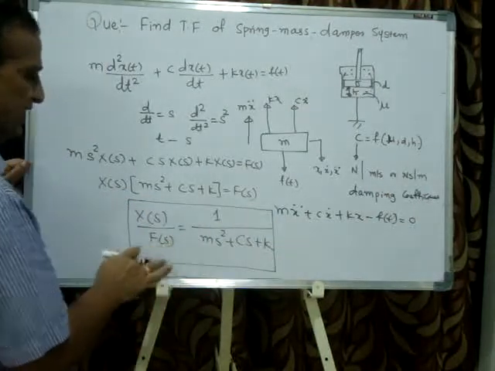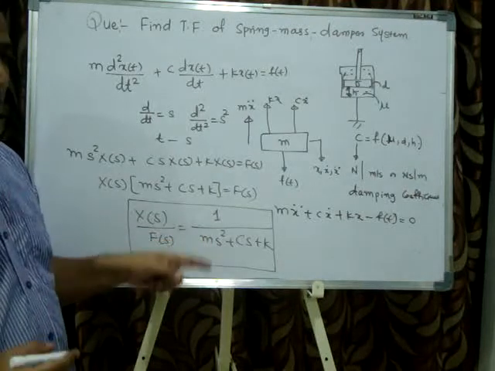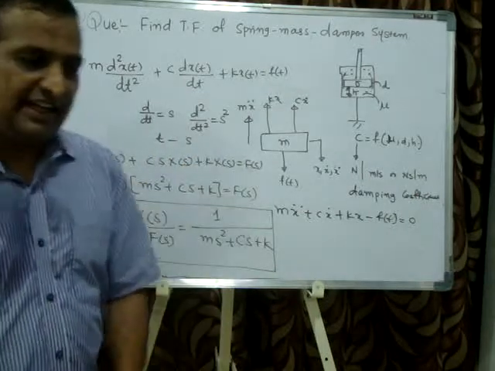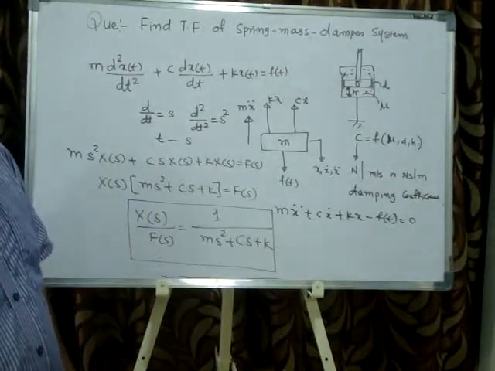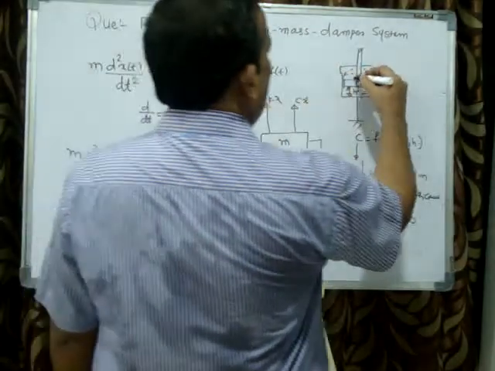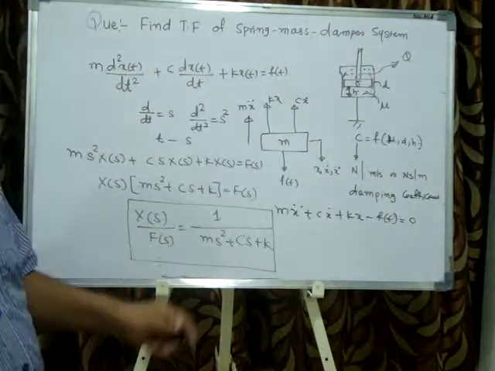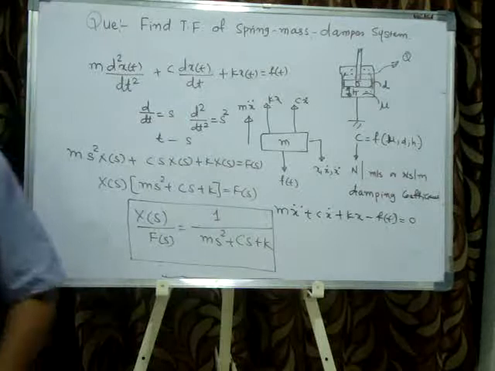RLC circuit, both are the same. There the inductor is here the mass, because of energy storing. Here the mass is storing kinetic energy, the spring is storing potential energy. But the damper is removing the energy in the form of heat to the atmosphere per cycle, because the liquid inside is incompressible, so the temperature of the liquid increases.